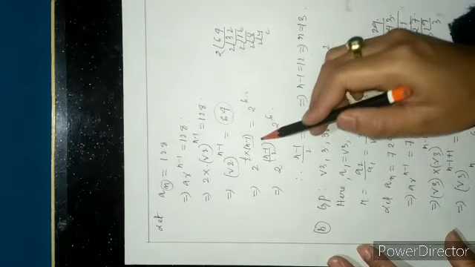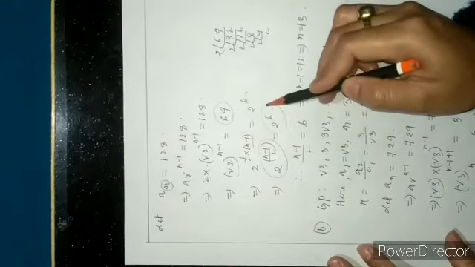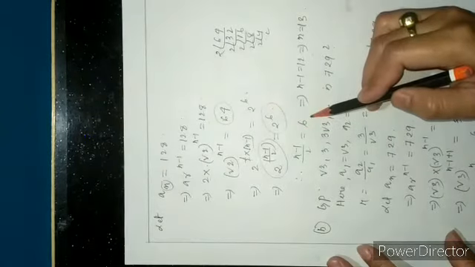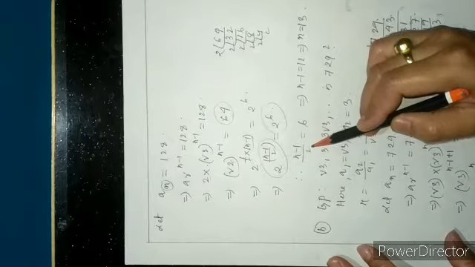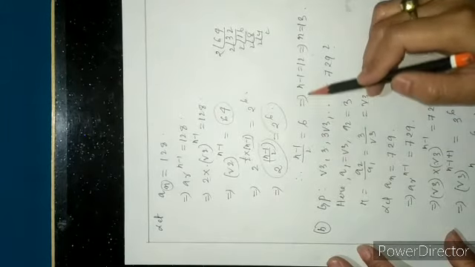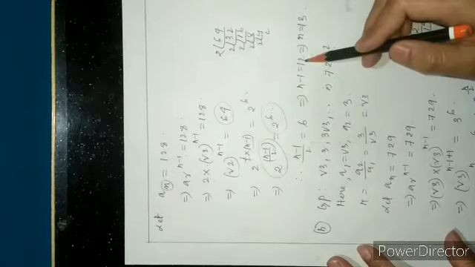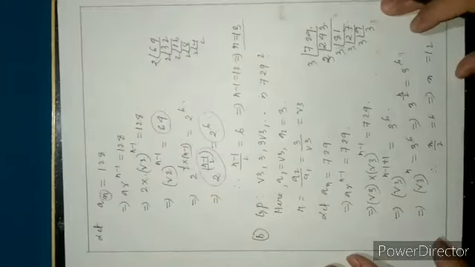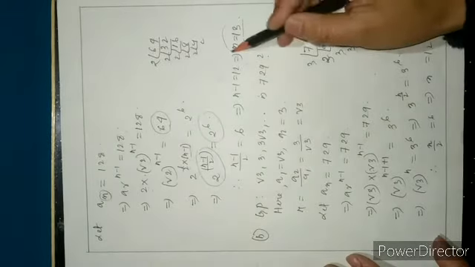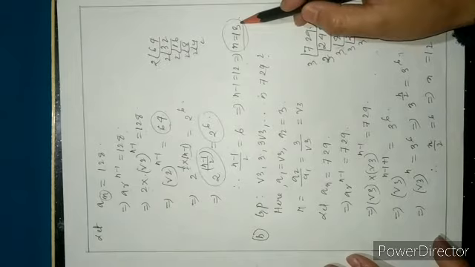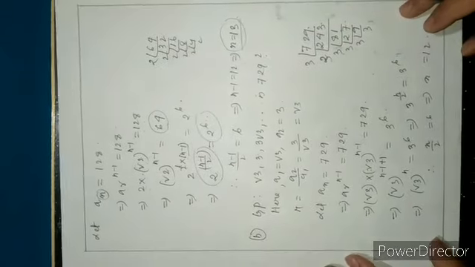The left hand side and right hand side have the same base, which implies that the power should be equal, and so n minus 1 by 2 will be equal to 6. By solving this equation we get n minus 1 equals 12, and the value of n is equal to 13. So 128 is the 13th term of the GP.